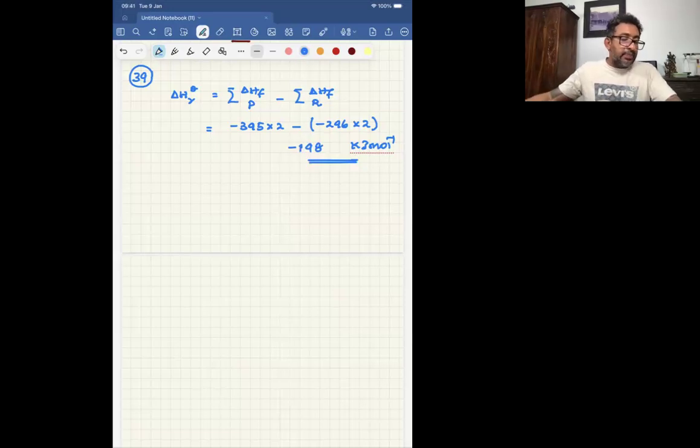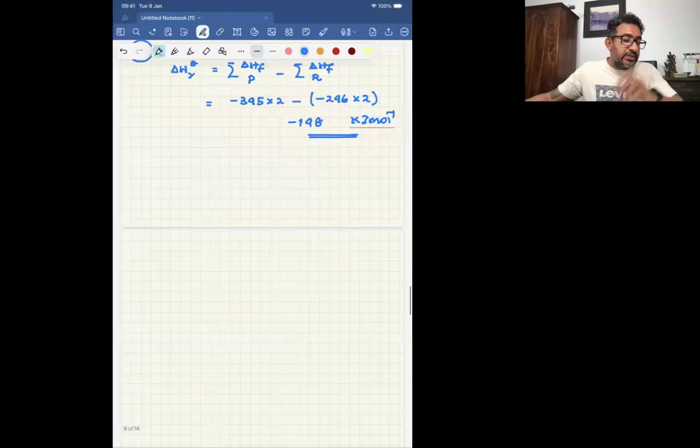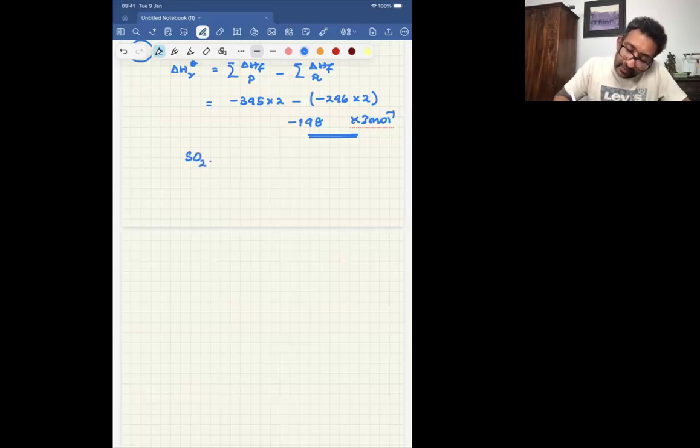Partial pressures of sulfur dioxide, oxygen and sulfur trioxide are given. Calculate the Kp for the reaction at equilibrium. So sulfur dioxide plus oxygen gives sulfur trioxide, SO3.